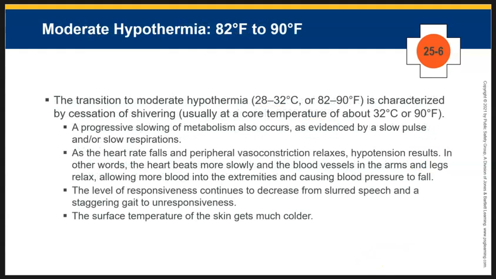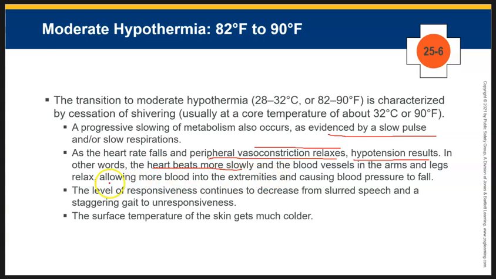When we progress to moderate hypothermia, we're below 90 degrees Fahrenheit, and we'll see some other things show up, such as bradycardia. We get that peripheral vasoconstriction relaxing. This is an initial compensatory mechanism, and so consequently, hypotension results, a low blood pressure. The heart is beating slowly, that's bradycardia.